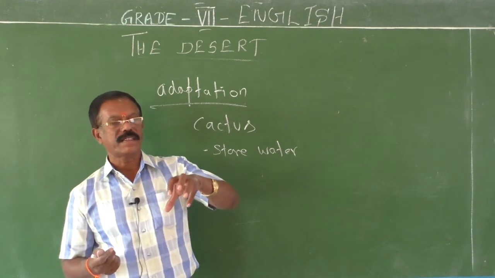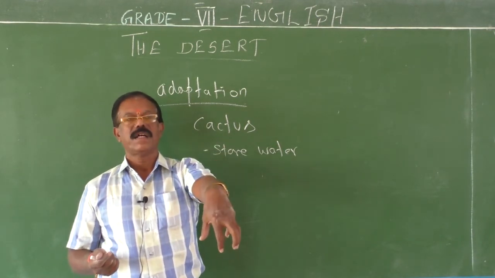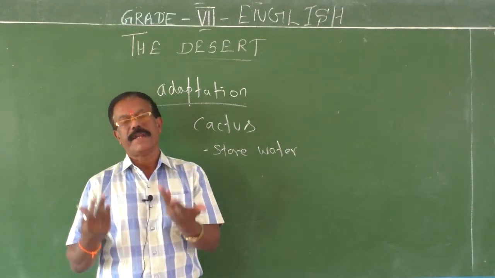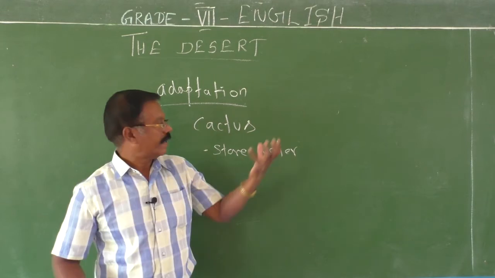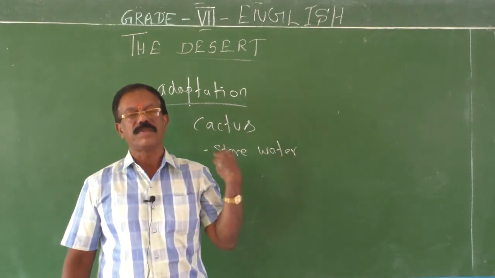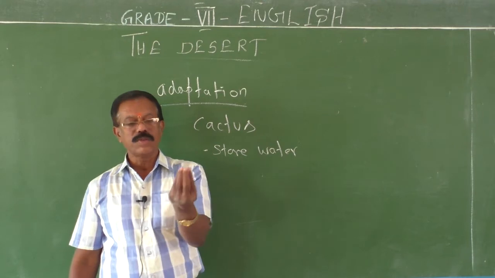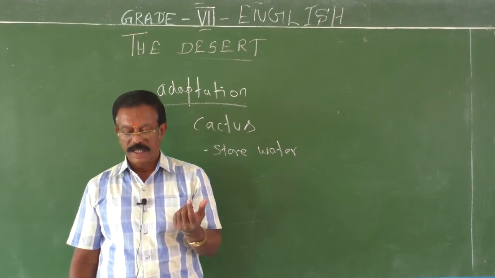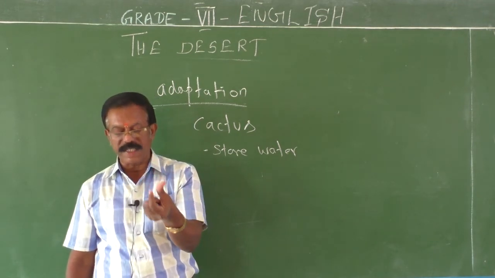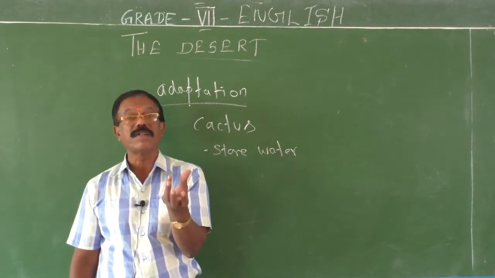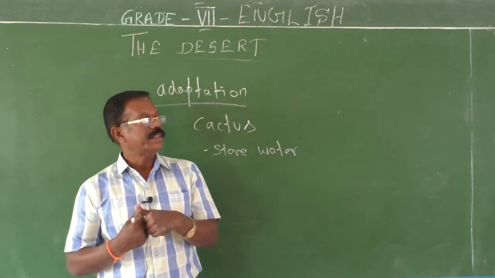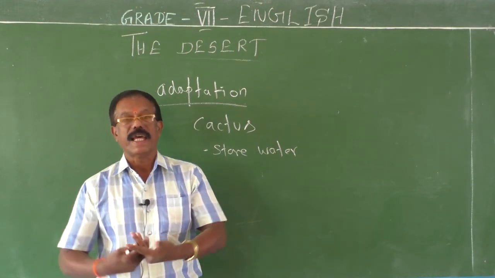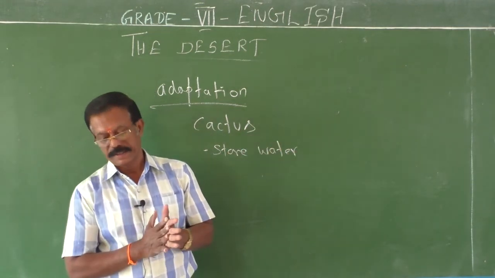When rainwater falls on the surface of the land mass, it evaporates. Before that, the roots of these plants absorb the rainwater, because they are found at the surface level. They don't have any deep roots, and they have thick stems. They have thorns also. So these special features prevent the evaporation of water.